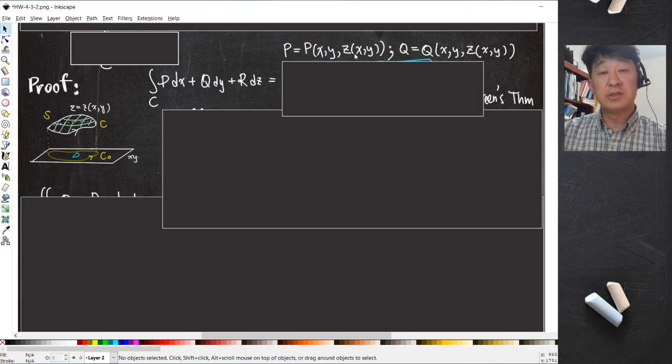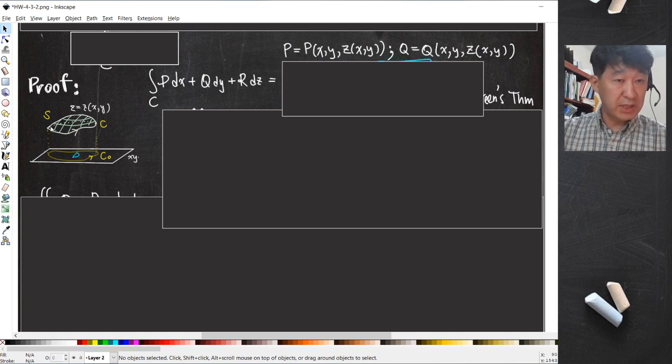And its geometric interpretation, what we have just accomplished, is the following. These curves go around x, y and z. However, this z is completely parameterized by x and y. So this is really just x and y. Everything is written in terms of x and y, so everything will be projected down to the xy plane.